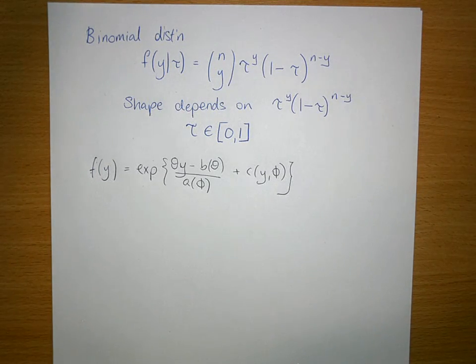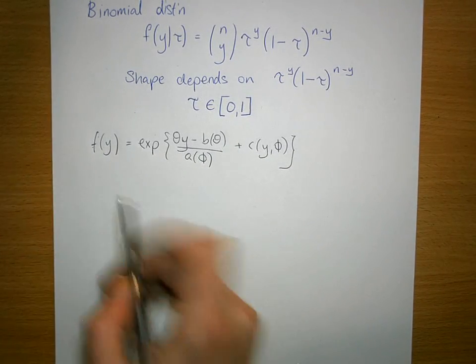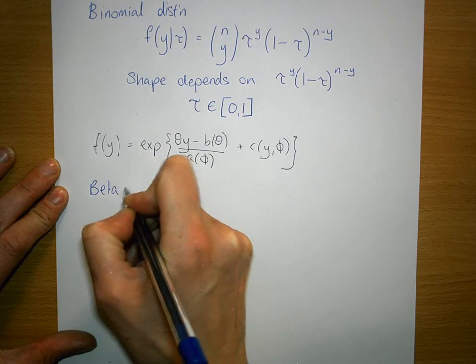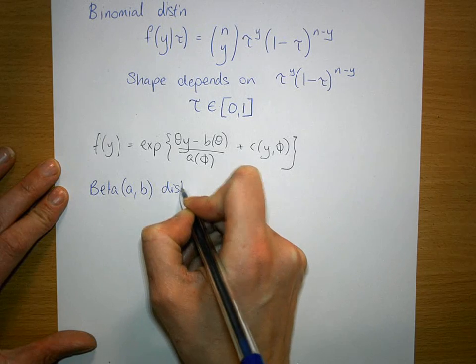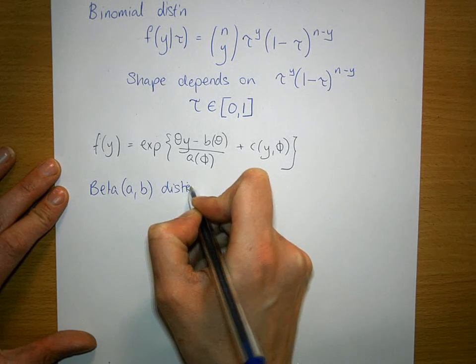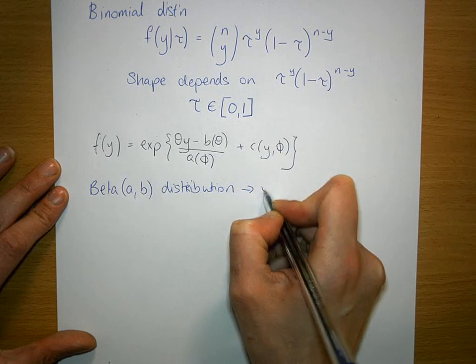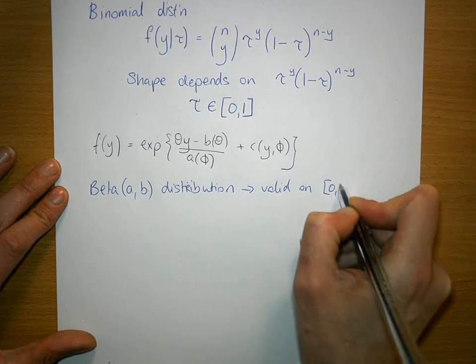So let's consider the beta distribution, beta(a, b), because it's valid also on the interval [0, 1].